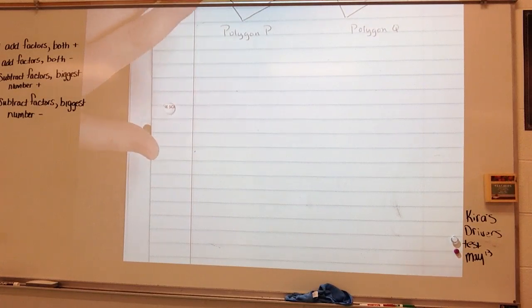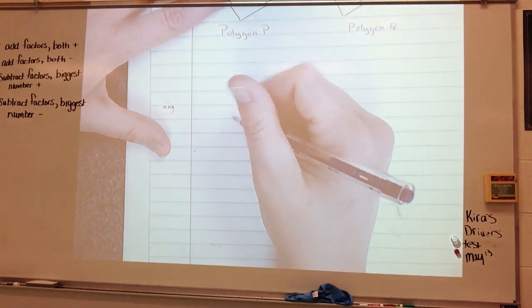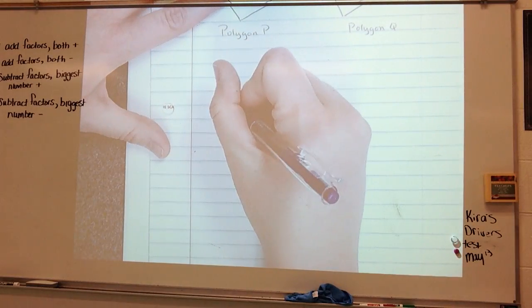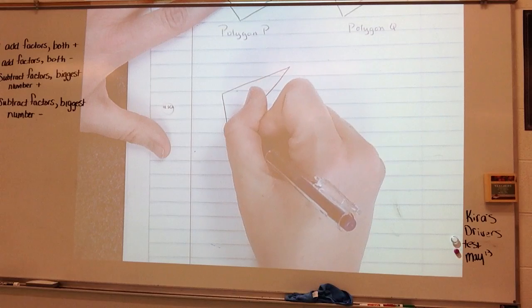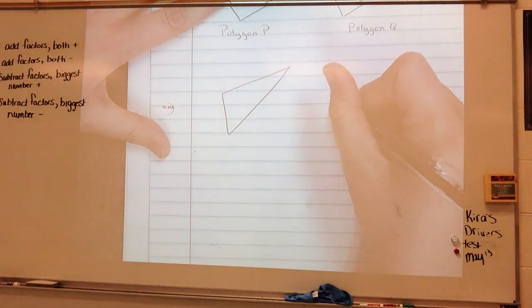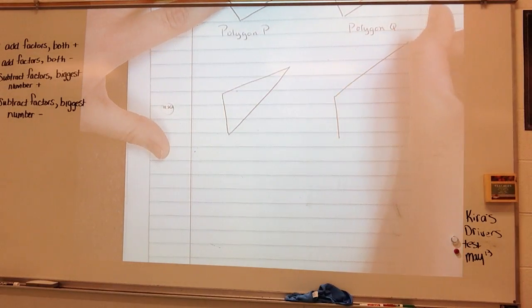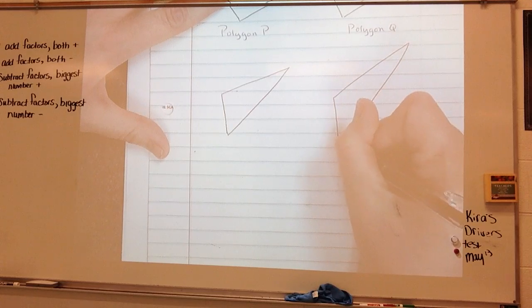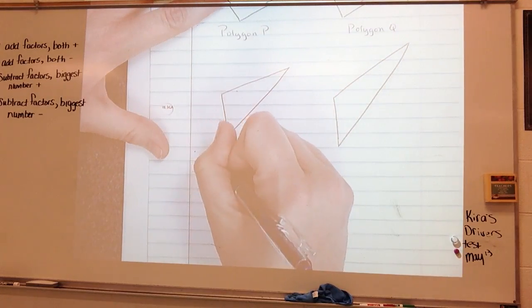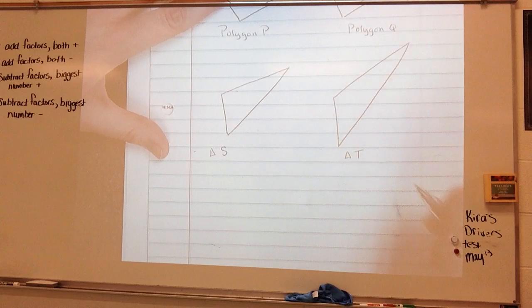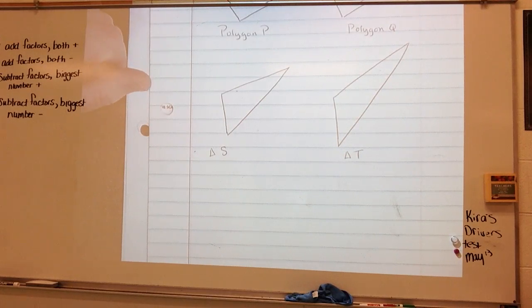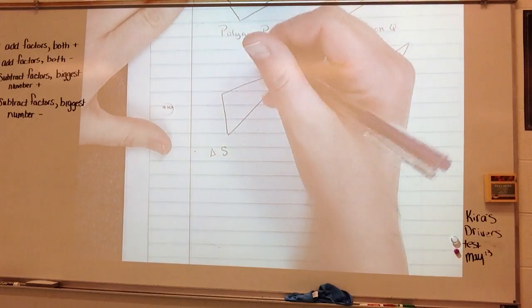Alright, so let's say that I have triangle S. So here's triangle S, and here's triangle T. To prove the scaling principle for triangles, let's consider this.